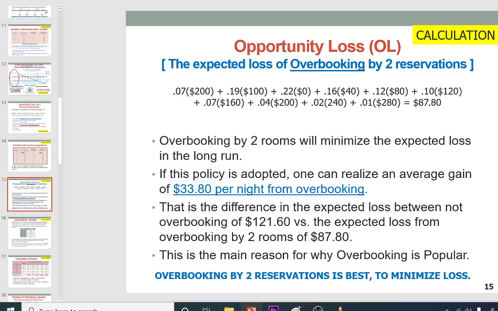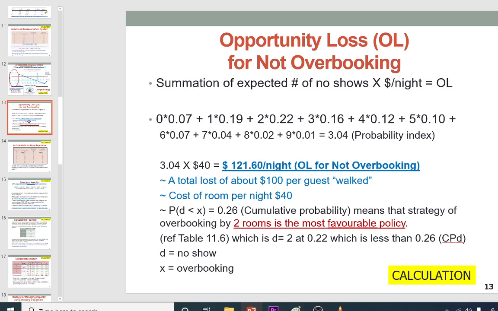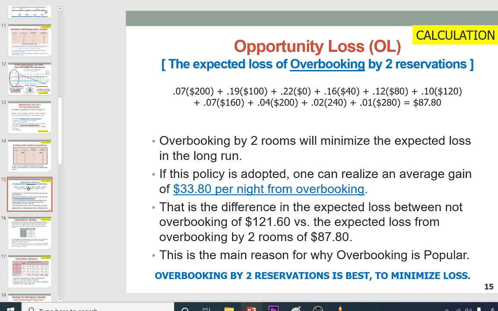This is the difference in the expected loss between not overbooking, which is 121.60, right, which is this. For not overbooking, you will lose 121.60 cent, against the expected loss from overbooking, which is only 87.80 cent, which is this.